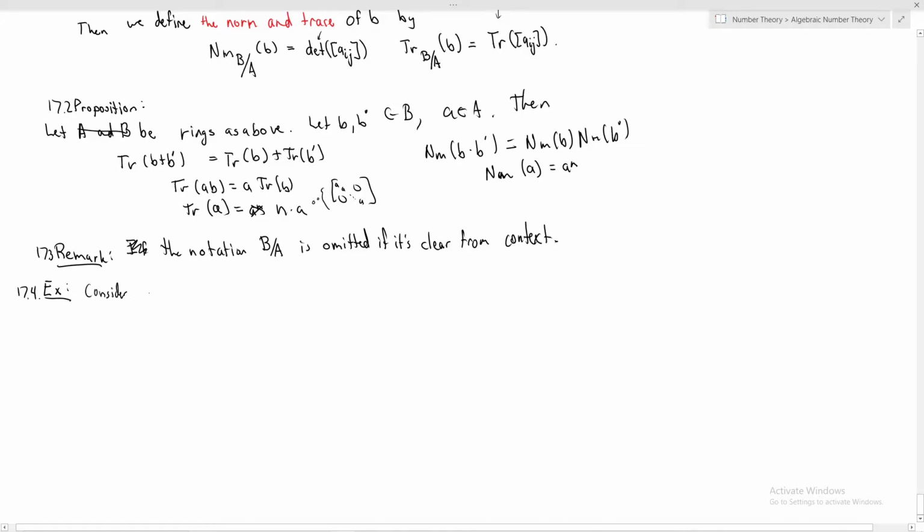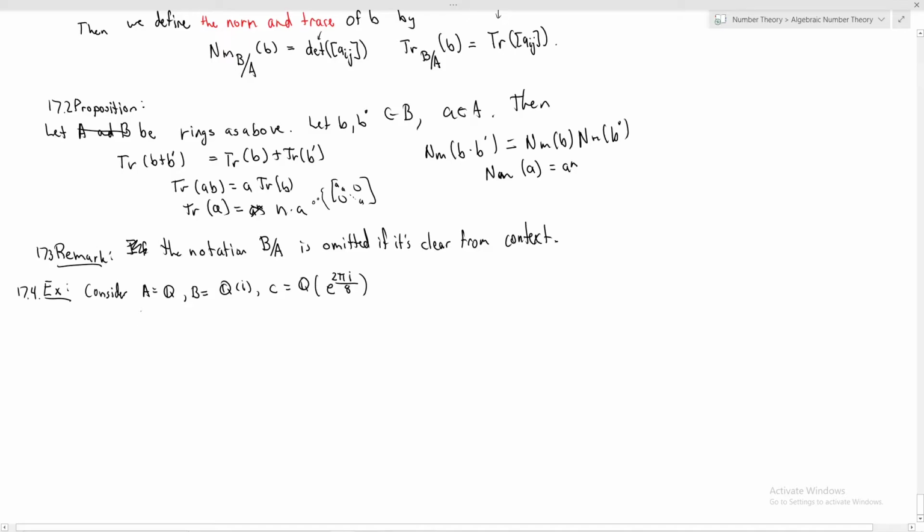Consider, let's say A equals Q, B equals Q adjoin i, and let's try C equals Q adjoin a fourth or an eighth root of unity, e to the 2 pi i over 8. Okay, so we see that we have containment of A, B, and C.